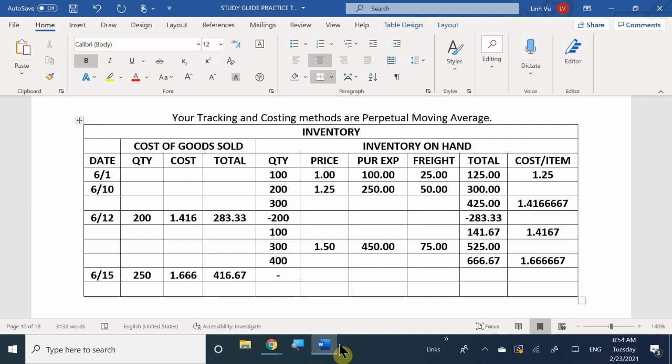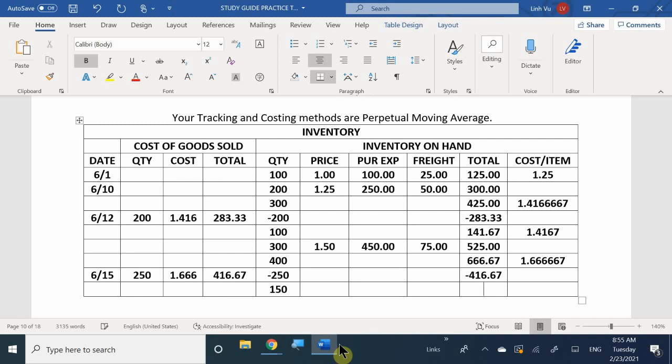Okay, so 416.67. So minus 250. How much remaining should I have? All right, minus the 416.67. So how much should I have left? 166.67.